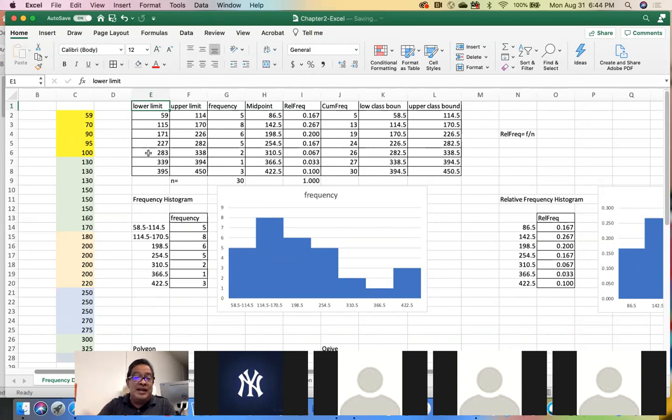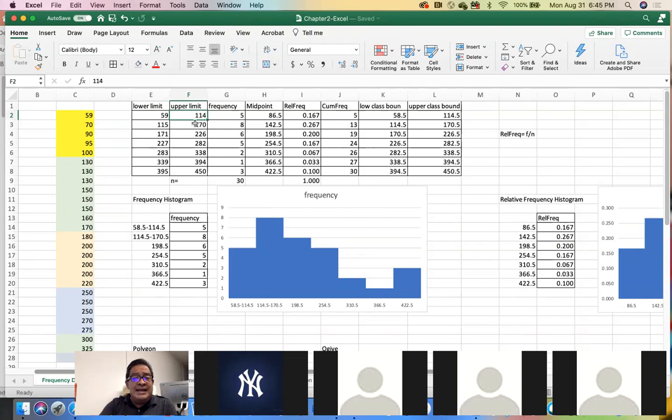We rounded up to the next integer, and then we used the lowest data point to start our frequency distribution table. From the lowest point in the lower limit, we added 56. Remember, 56 is the class width. I did this for all the different classes. For the upper limit, I subtracted 1 from the second lower limit.